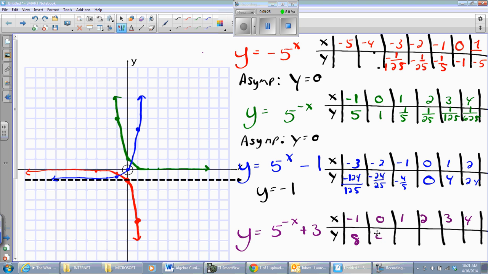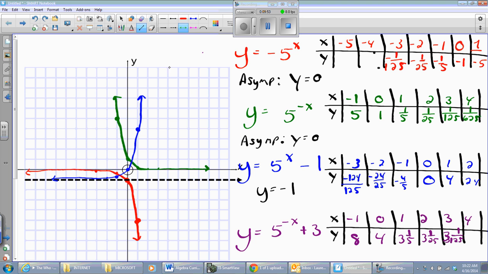Add 3 to 1, I'm going to get 4. 1/5 plus 3 is going to be 3 and 1/5. Then it's going to be 3 and 1/25. And then we're going to get 3 and 1/125th. Okay, etc. You can see the whole number is 3, and the fraction is getting closer and closer to 0. So my asymptote must be occurring at 3.